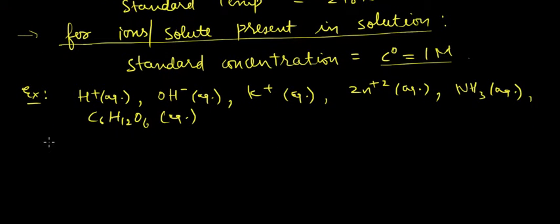So consider a given reaction in which 2 moles of A get converted into B plus 3 moles of C. Here let's say delta H is equal to X kilojoule.